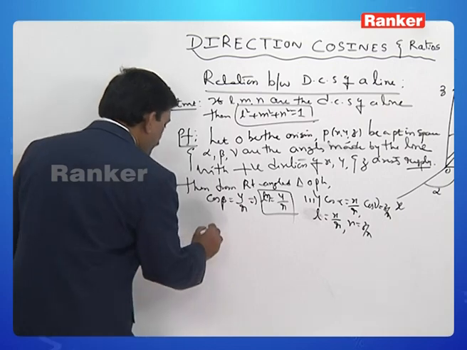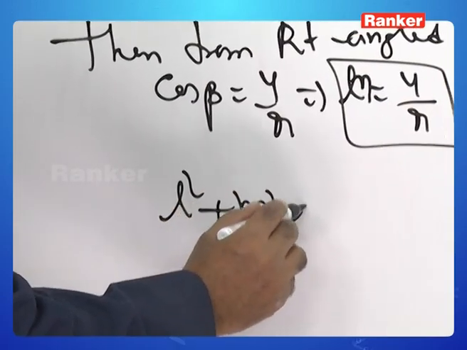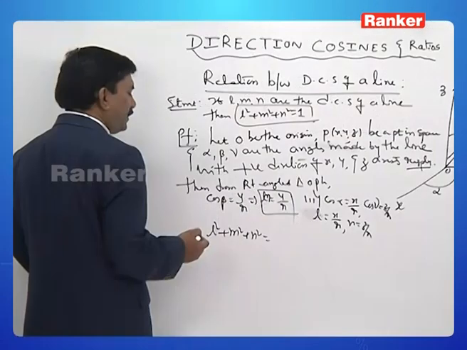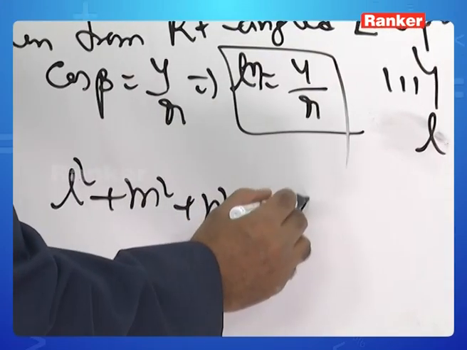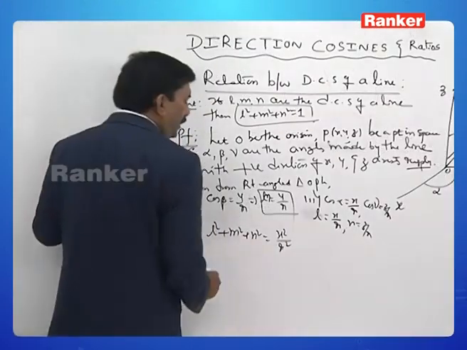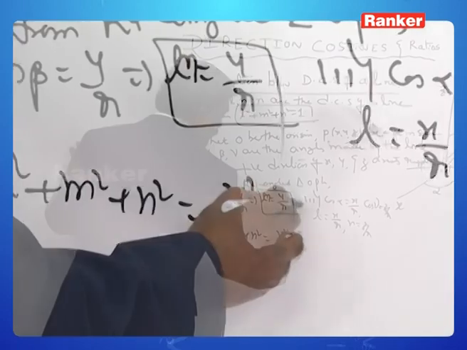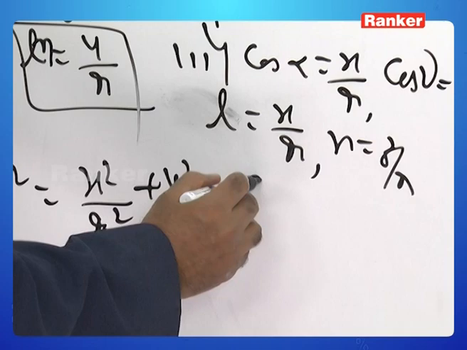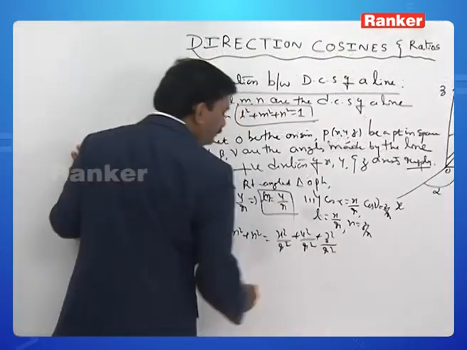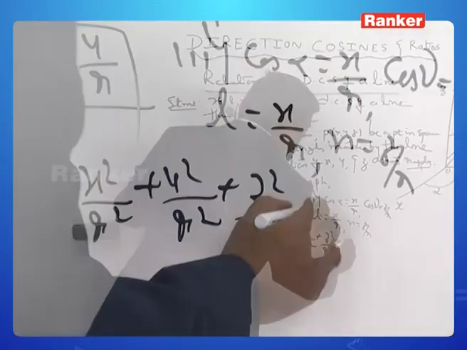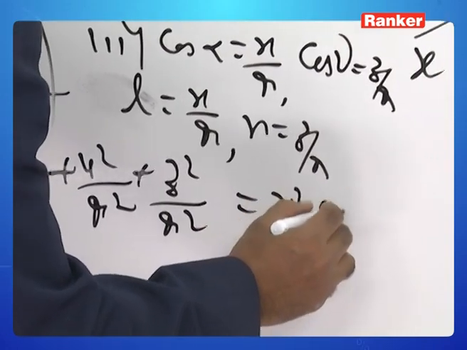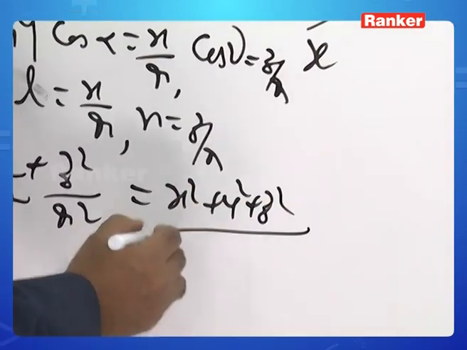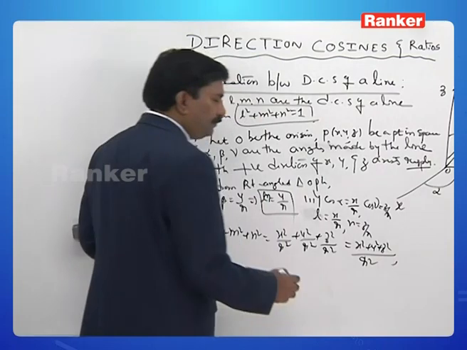Now I am going to write l square plus m square plus n square is equal to, substituting the corresponding values, x square by r square plus y square by r square plus z square by r square. Now I can write this as x square plus y square plus z square by r square.